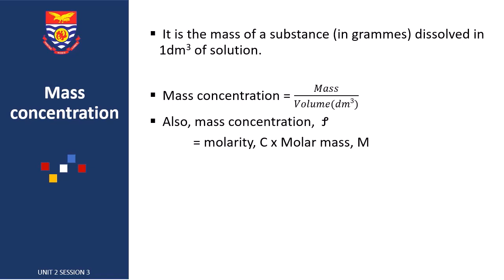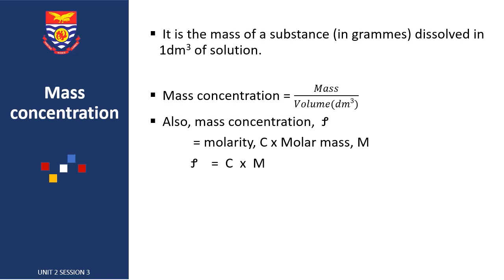So we can relate mass concentration to amount concentration, which is molarity, and molar mass. In a case where using mass over volume in dm cube is not applicable, we can go for this relation, which is molarity times molar mass. In all, you should check to be sure that you have the right unit. The unit is grams per cubic decimeter.